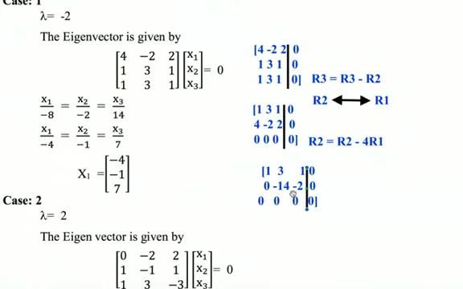See, this is minus 14; just multiply with a negative sign. So 14x2 plus 2x3 equals 0.